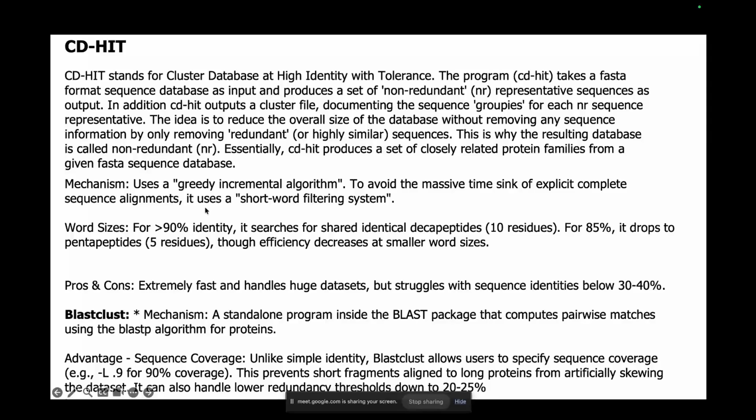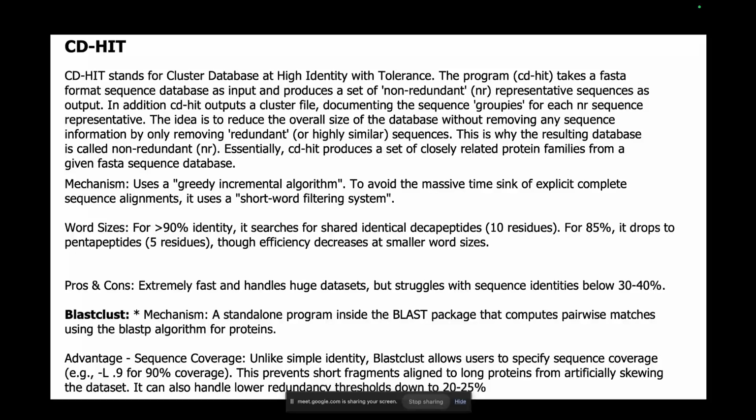So it follows a greedy algorithm, and it calculates a similarity matrix. For 90% identity it searches for shared identical decapeptides, which means that if there is more than 90% identity, it tries to see shared residues 10 at a time, right?